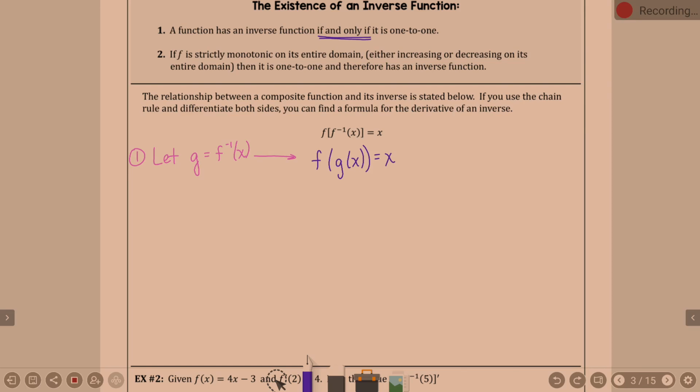Now, we're trying to find a formula for the derivative of an inverse. So we're trying to find the formula for G prime of X. We're going to start by taking the derivative of both sides. I'm going to indicate that by using the d dx out front. So the derivative of f of g of x, and the derivative of the right, so the derivative of x.